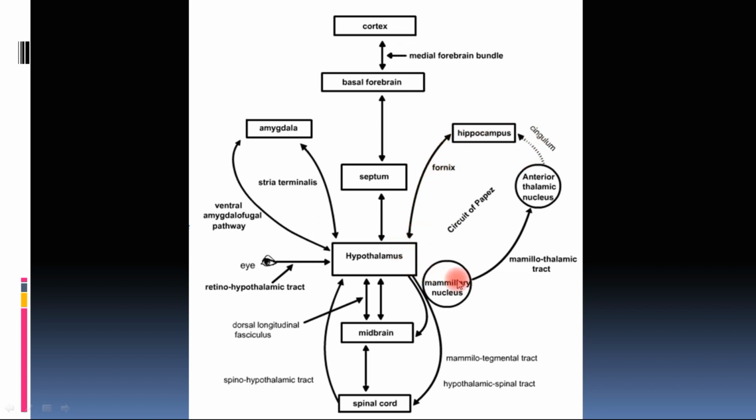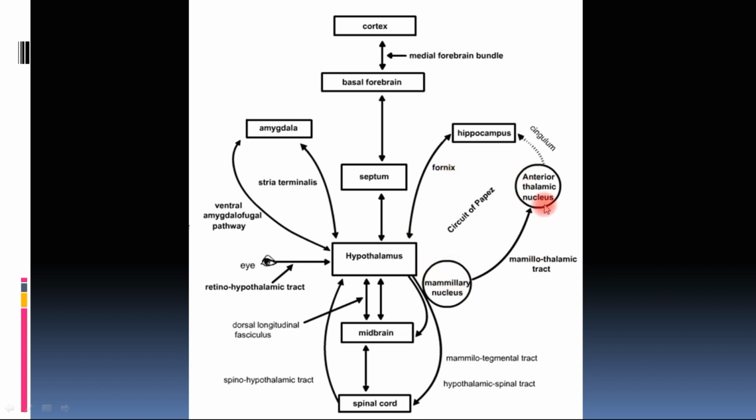And you can see here it is a kind of circuit, called the circuit of Papez, or Papez circuit, which is one of the important connections of the limbic system, which we will deal with when we study the limbic system.